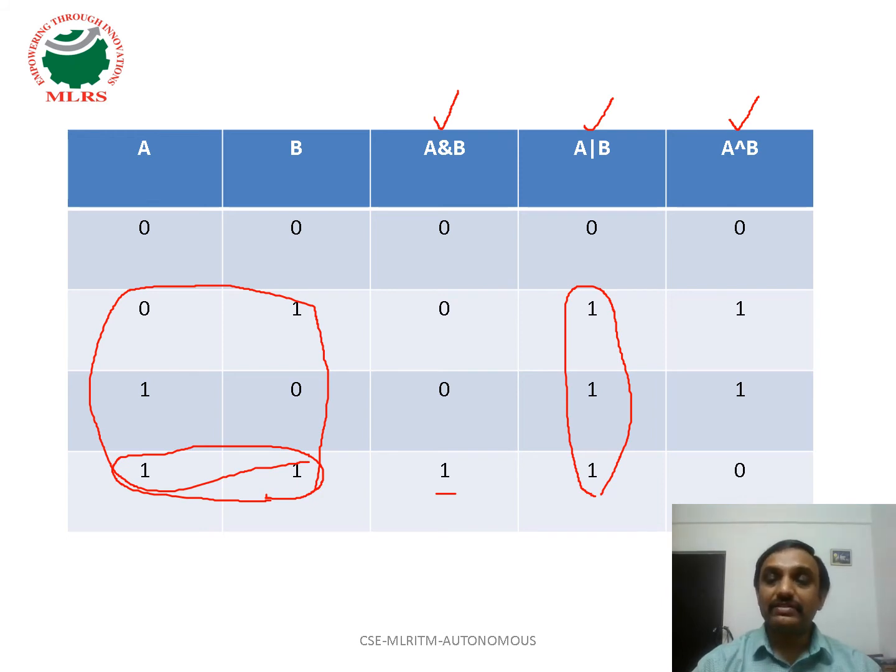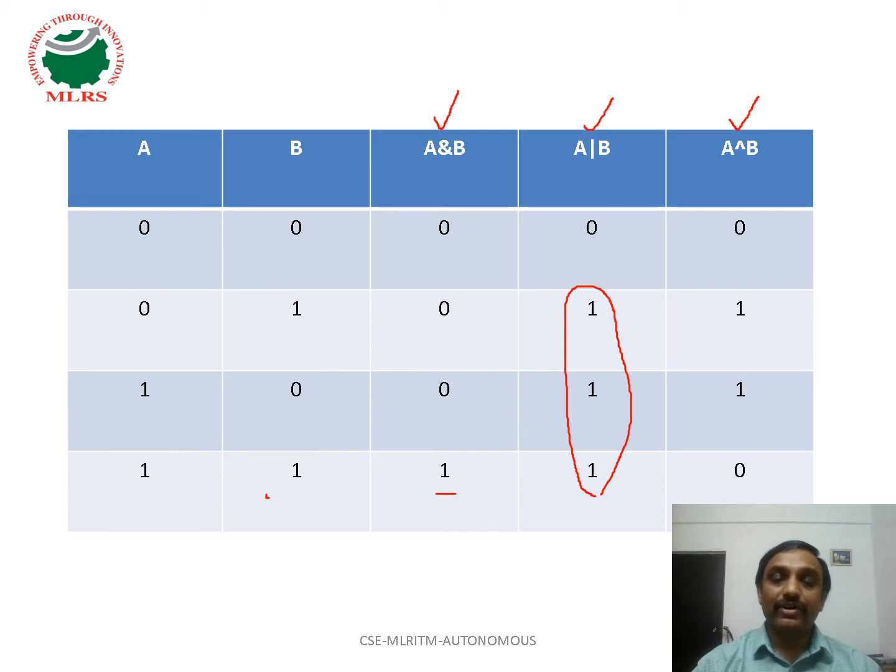Okay. Next one is bitwise exclusive OR. So that is, if the input values differ, then only the bitwise XOR result is 1. Okay, here you observe 0, 1, result is 1.